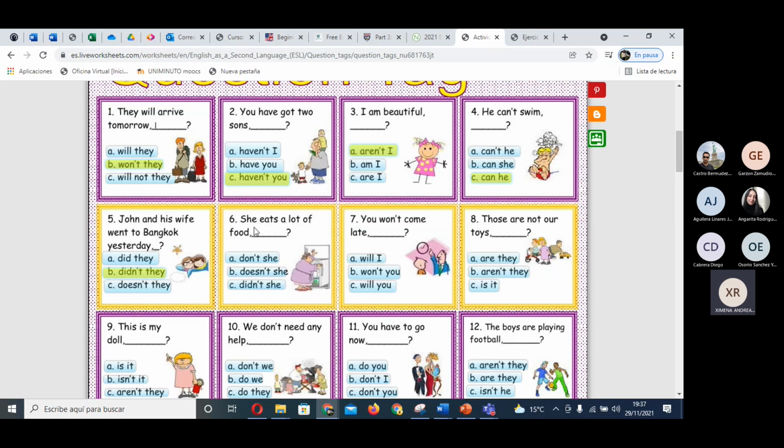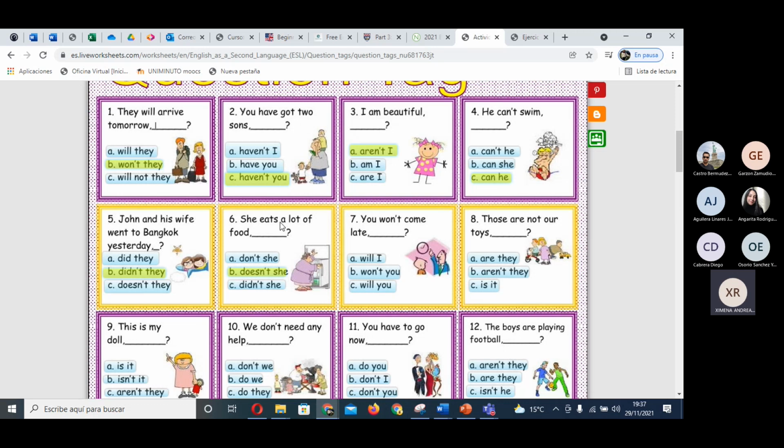She eats a lot of food. Don't she? Doesn't she? Didn't she? Sería doesn't she? Ok, very good. Sí, muy bien. Entonces acá identificamos, miren, tenemos she eats.